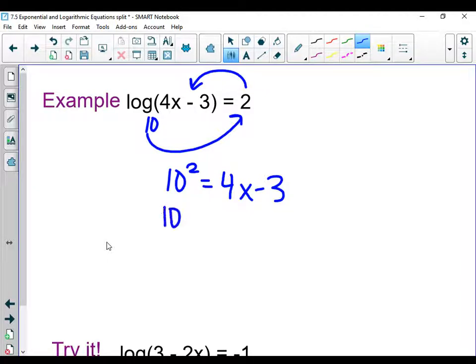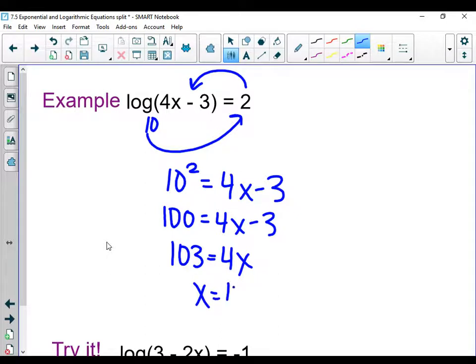You can leave it as a fraction. So x is just 103 over 4.